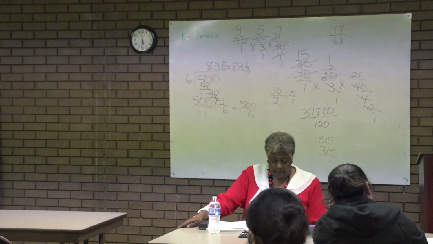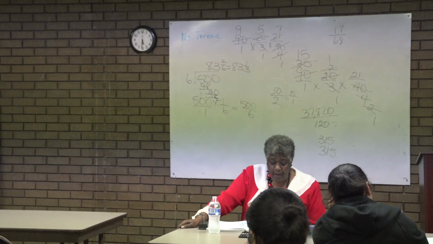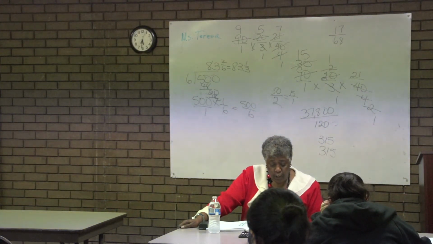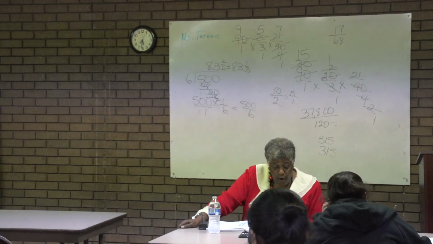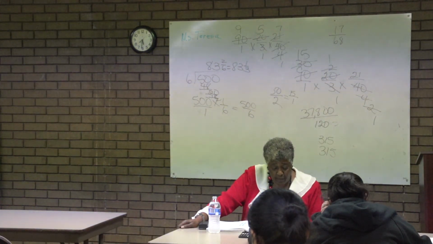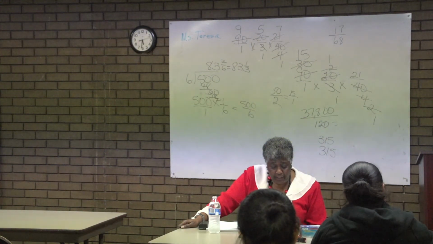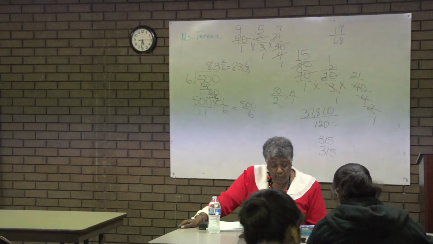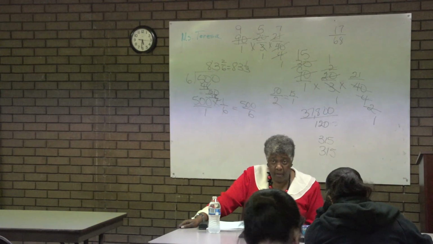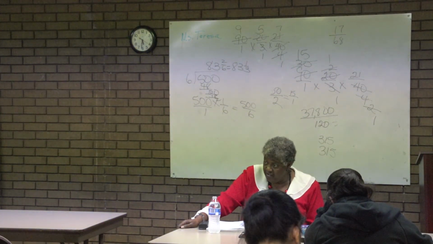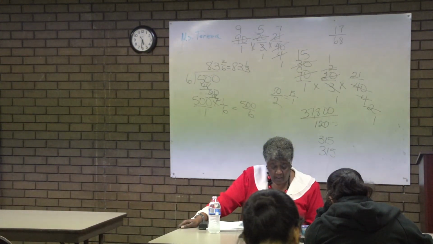Number 11. 2 months after mailing the questionnaires in the last problem, 294 were filled out and returned. About what fraction of the total were returned in 2 months? So we said about 80 were returned in 1 month, right? And then about another 300 were returned in the second month, right?